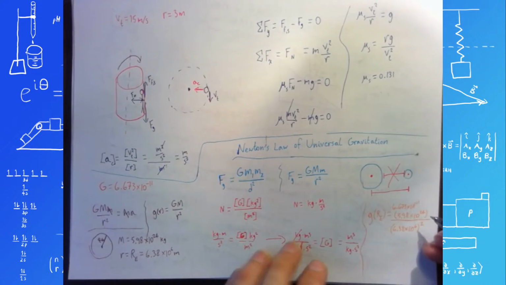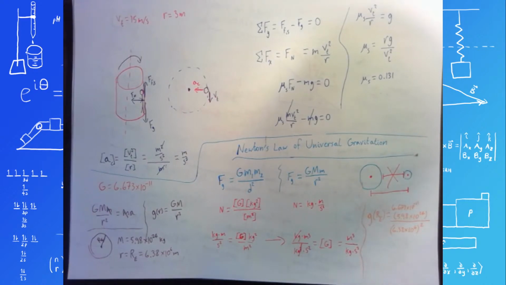A common mistake here for a lot of students is calculator mistakes. Be very, very careful when you do 6.38 times 10 to the 6 squared. Remember to put that times 10 to the 6 in the parentheses so that it gets squared along with the 6.38.